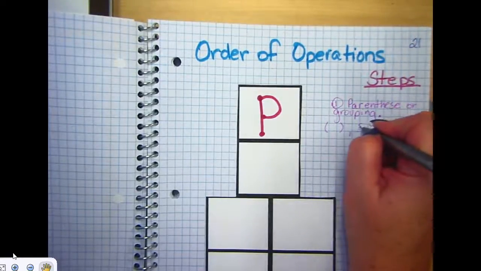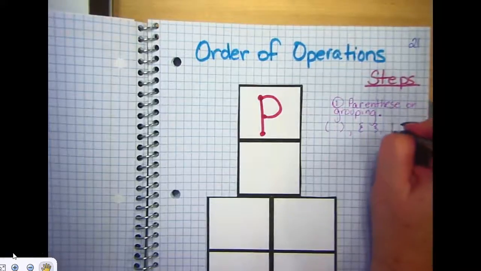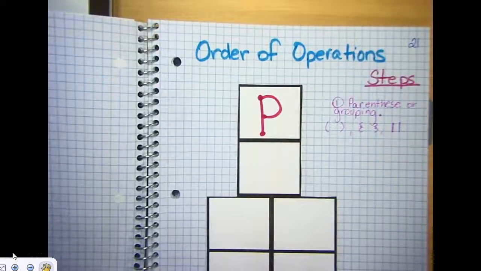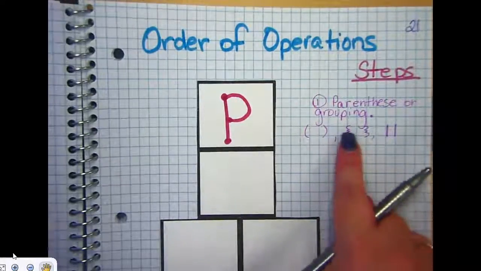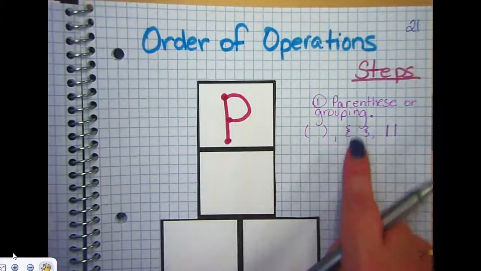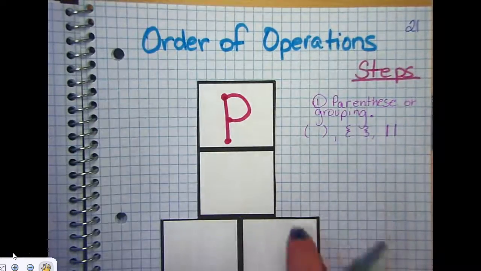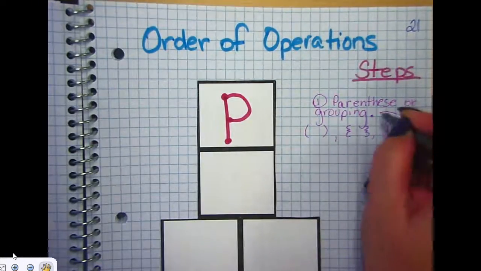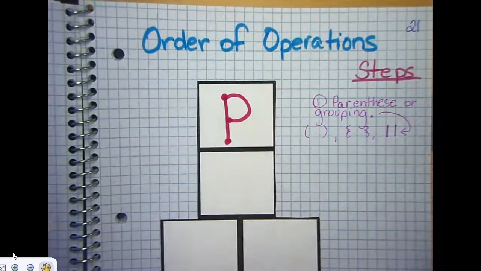You could have these brackets that look like this. Or you could have absolute value bars. Those are your three different kinds of groupings. You could have this grouping right here, and inside of that you could have parentheses. So the grouping symbols are these: parentheses, brackets, or absolute value bars.